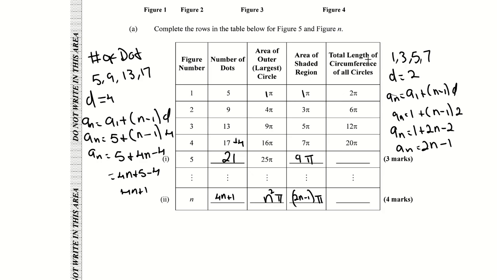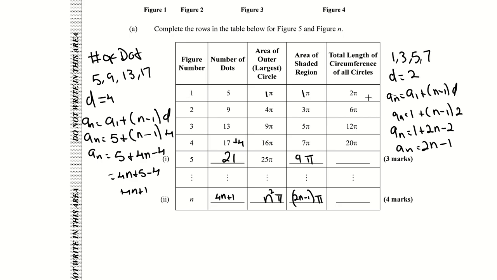Now this here is the total length of circumferences of all circles. So we are adding, this has nothing to do with your number of dots, right? They're adding your figure number and your outer larger circle.